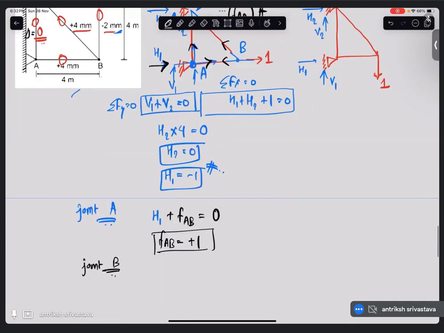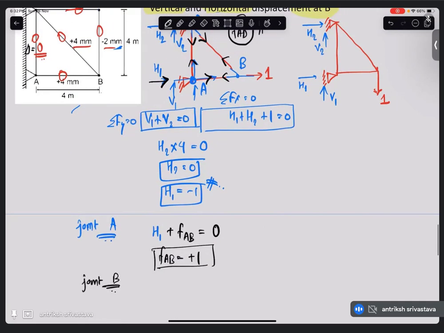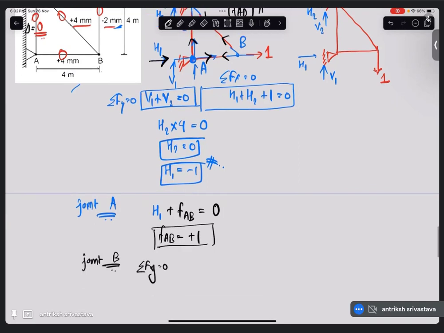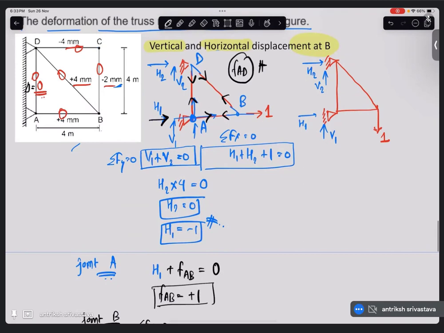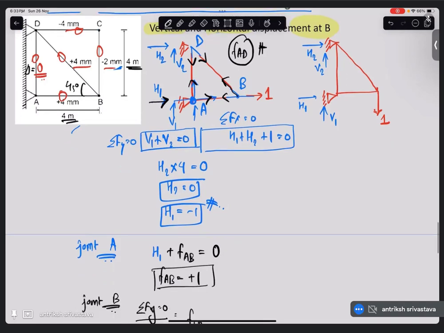At joint B, if you put Fy equal to 0, what do we see? This is 4 meters and this is 4 meters, that means this is 45 degrees.